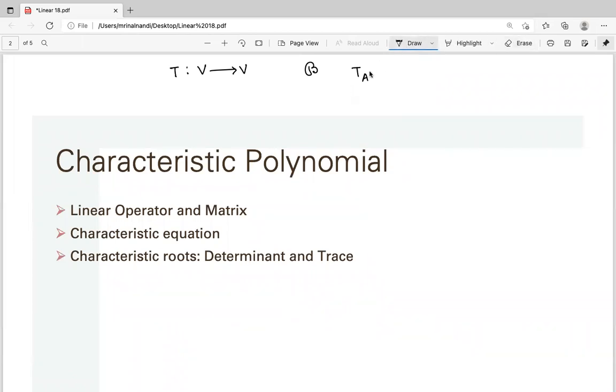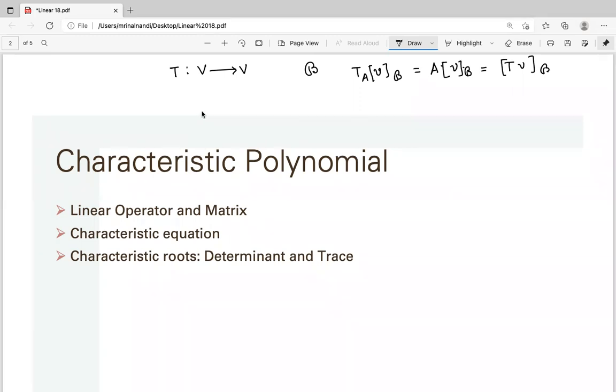If you take any vector V with its coordinates with respect to that basis, then A times the coordinate of V is the coordinate of T of V with respect to the same basis.